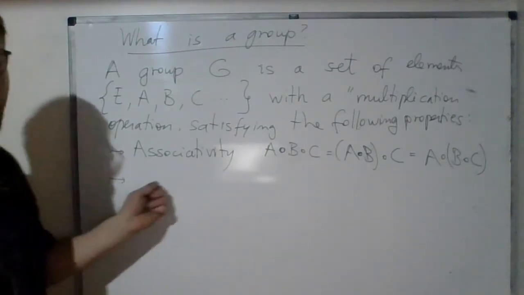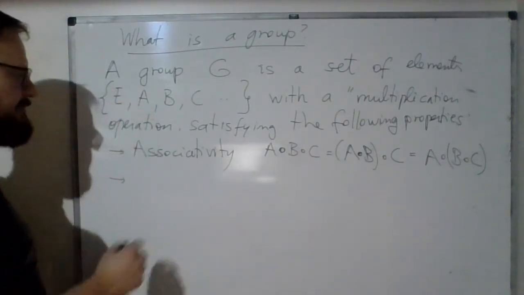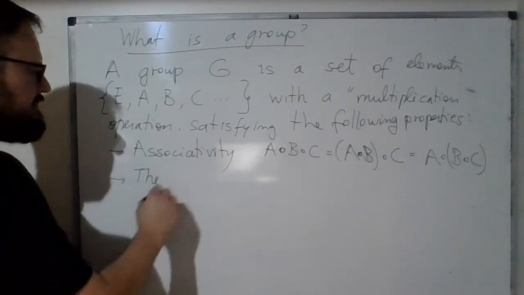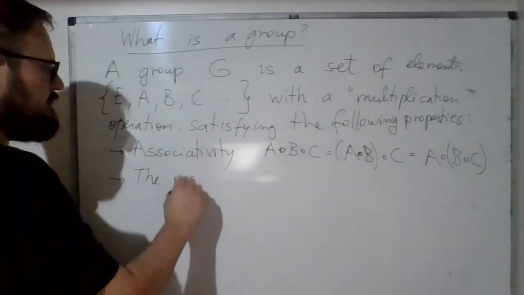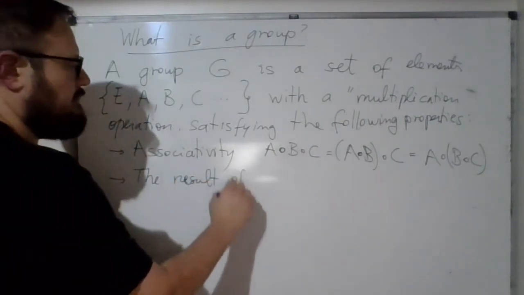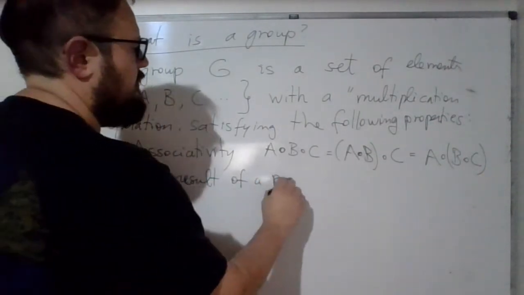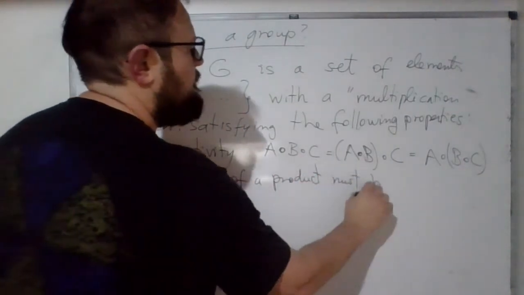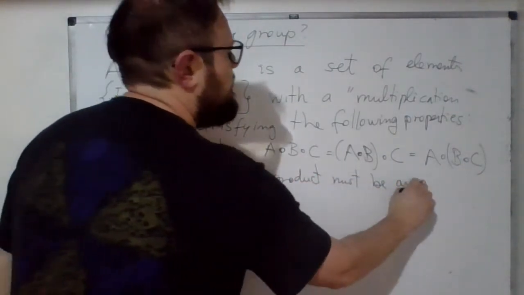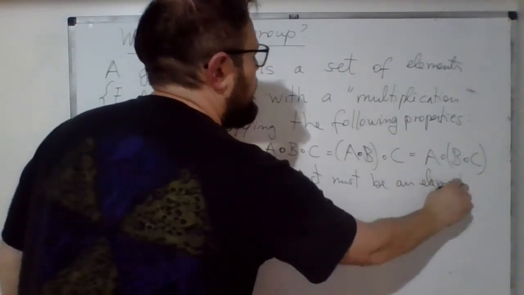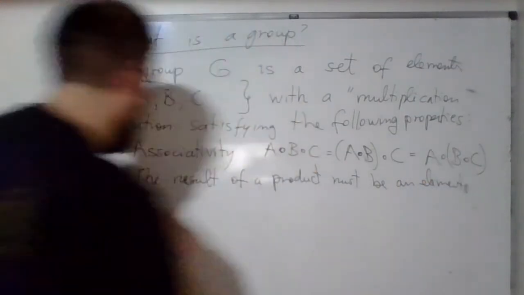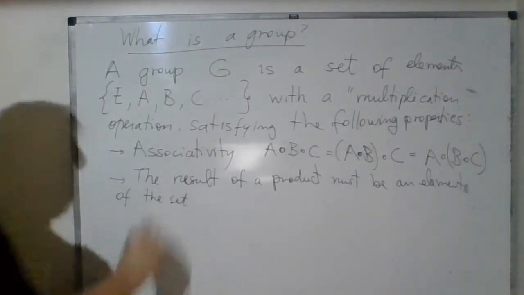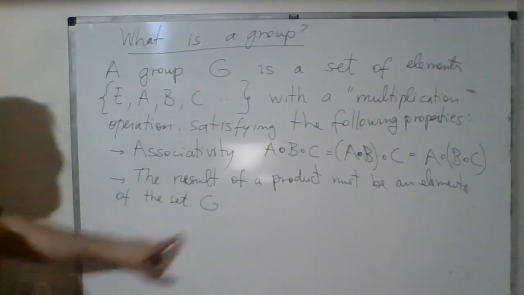Also, for a group to be defined, the result of any product must be an element of the group, of the set, if you prefer, of the set G.